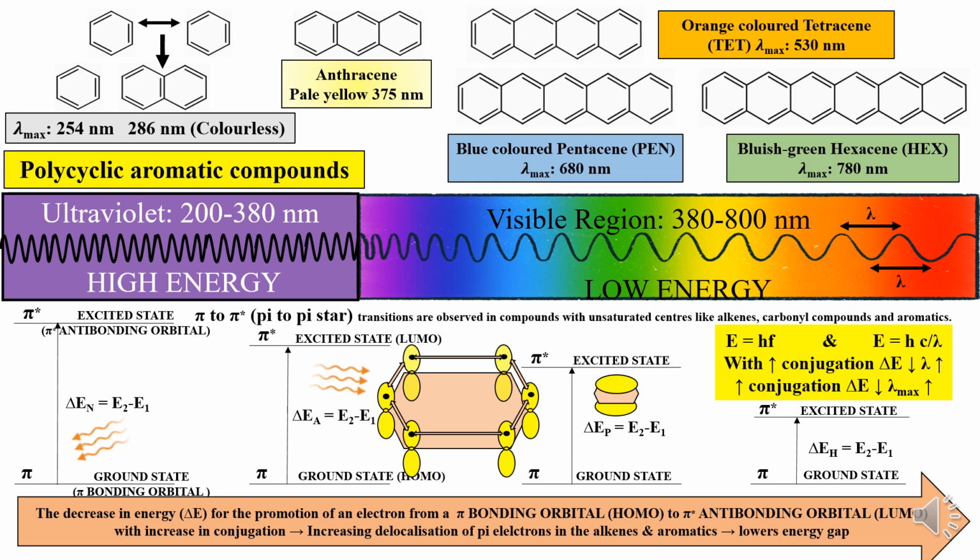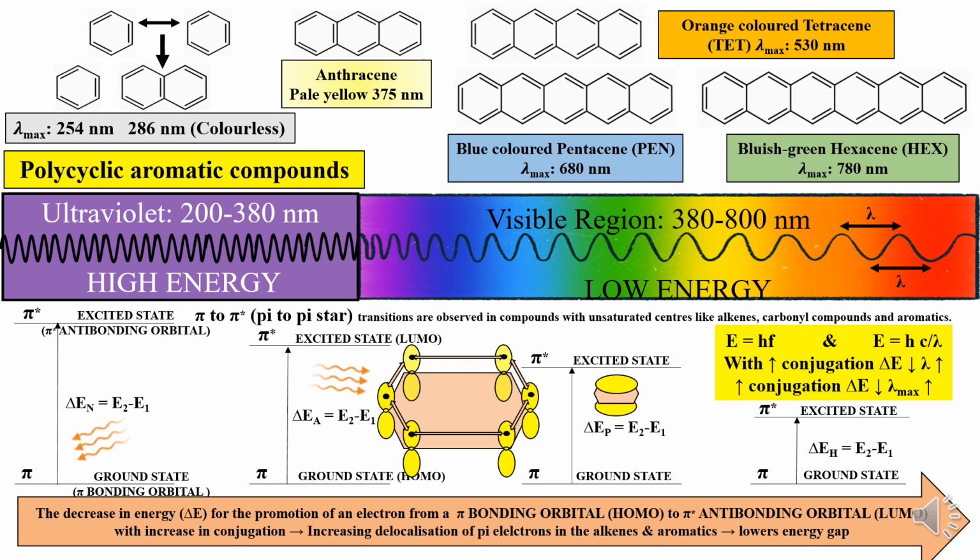Therefore, in polycyclic aromatic hydrocarbons like anthracene, tetracene, pentacene, and hexacene, extended conjugation lowers the energy gap, and because of the decrease in the energy gap, these compounds absorb in the visible region. Why? Because the visible region is of low energy, or you can say longer wavelength.